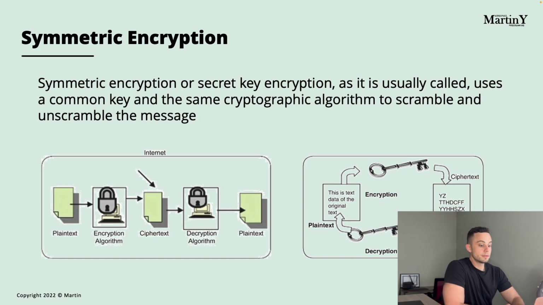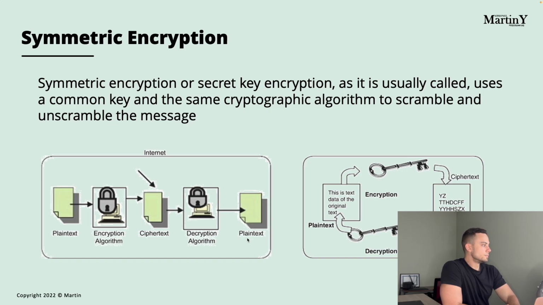We're going to talk about the advantages and the disadvantages. This type of encryption is still used these days, but it's not that common, and you'll see why. Here we have the most basic scenario: a plain text, an encryption algorithm, a ciphertext, then a decryption algorithm, and finally we again get the plain text.